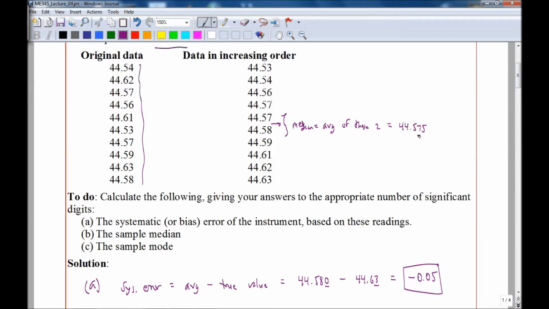However, we really should write that to the proper number of significant digits. We really can't expect 5 out of that. So if we use our roundup rules, we would round up, since this is a 5 and 7 is odd. So I would report the median as 44.58 to 4 significant digits.